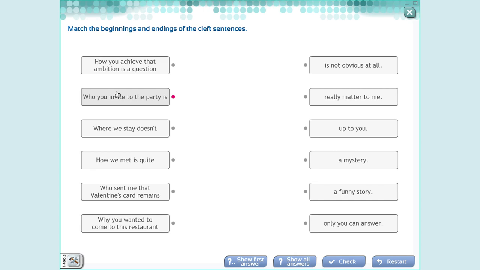However you achieve that ambition is a question... how you achieve that ambition is a question. What is the best? Is not obvious at all, really matter to you, up to you, a mystery, a funny story, or only you can answer? Only you can answer.